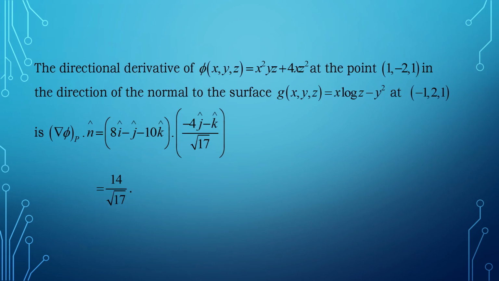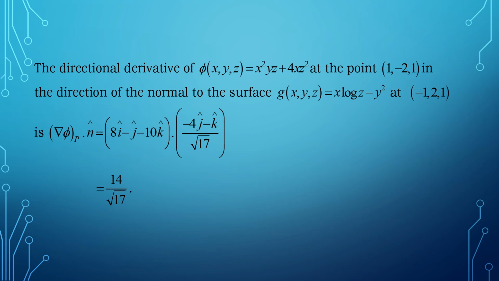Now we have to find out the directional derivative of the given surface phi at the given point P in the direction of u cap. Here u cap equals del g at q. Now we have already found a unit vector n cap in our previous part.